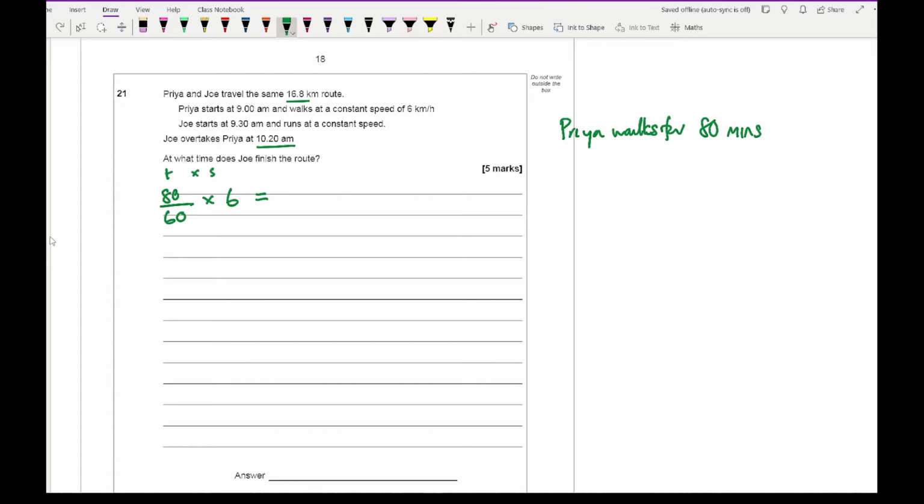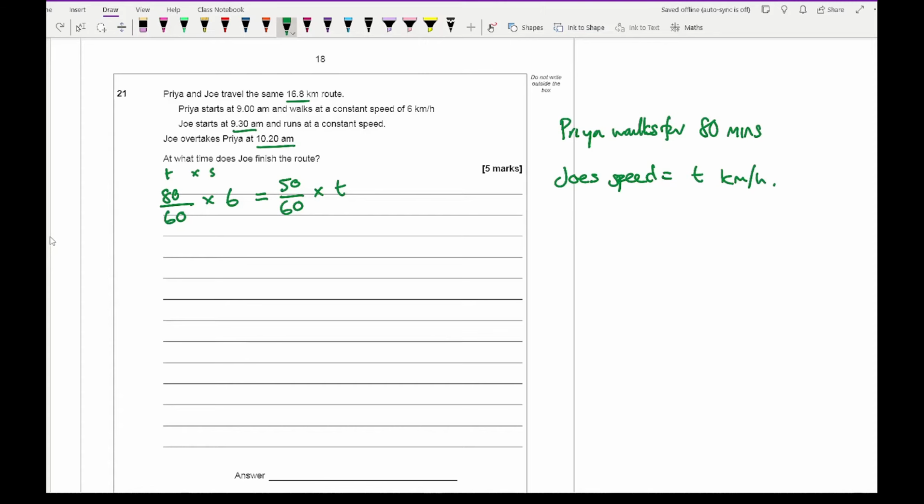Then for Joe, he's run for 50 minutes. And his speed is what we don't know, so we're just going to call that t. Joe's speed equals t per hour. It could be absolutely any letter. Those two things need to equal the same, because obviously they meet at a point, so they must have met at the same distance in terms of that 16.8.